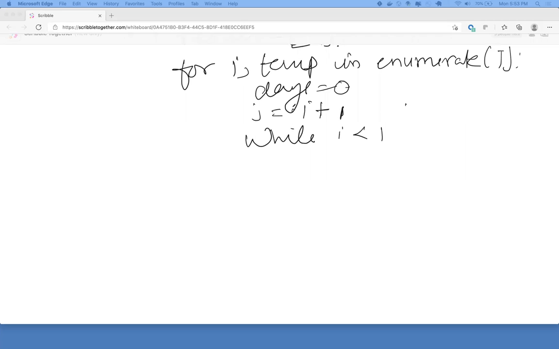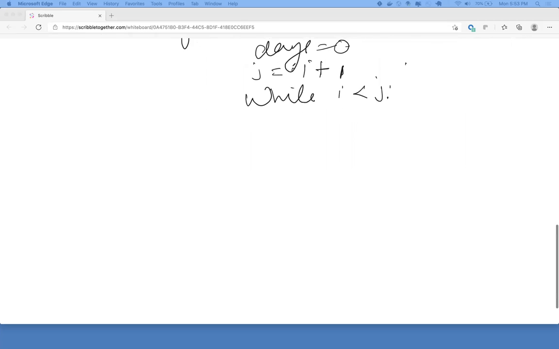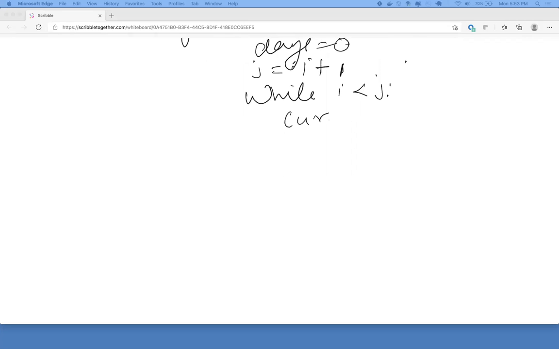while j is less than the length of T, your current temperature equal to T of j, right?